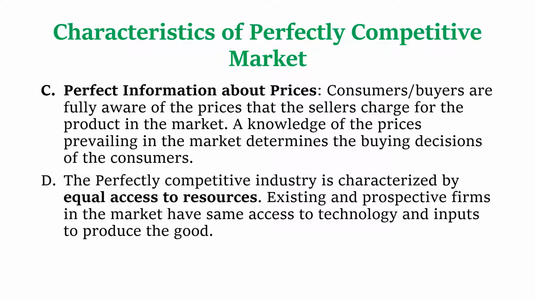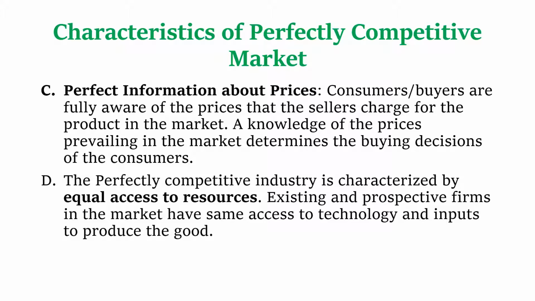Firms can enter the industry if potential firms realize that existing firms are making supernormal profits. If they know that they are making positive profits or supernormal profits, then the potential firms will decide to enter the industry. As they enter, they have access to the same technology and inputs that the existing firms have. So here there is free entry and exit.